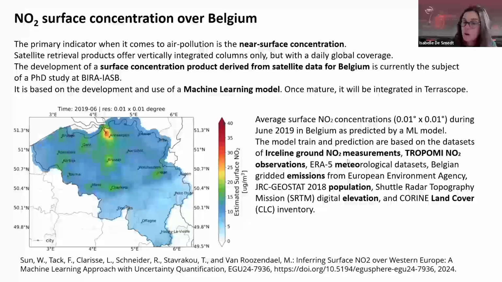The main data used by the model are the TROPOMI NO2 observations and also the IRCELINE ground NO2 measurements. And then meteorological datasets, Belgian emissions, the population in Belgium, the elevation, and other external data. This work has been published and will also appear soon in the viewer.